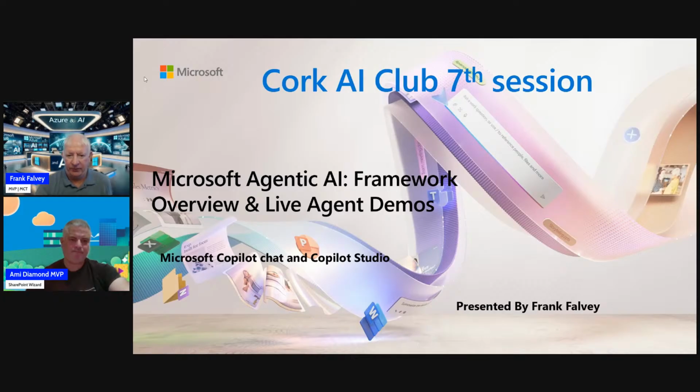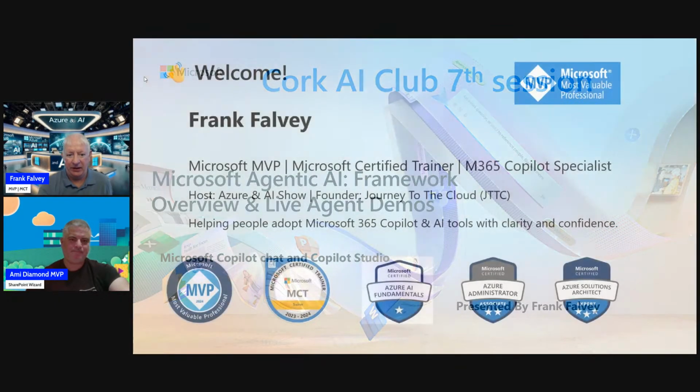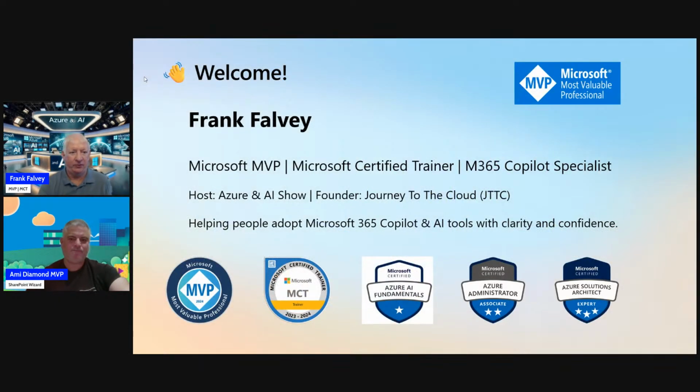So that was the first frame. And the second one there was just some stuff about me: Microsoft MVP, also MCT and 365 Copilot Specialist. We won't read everything, so there are some of the badges I picked up along the way as well.